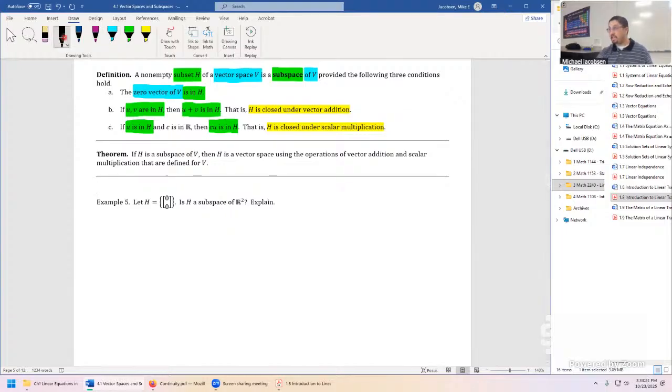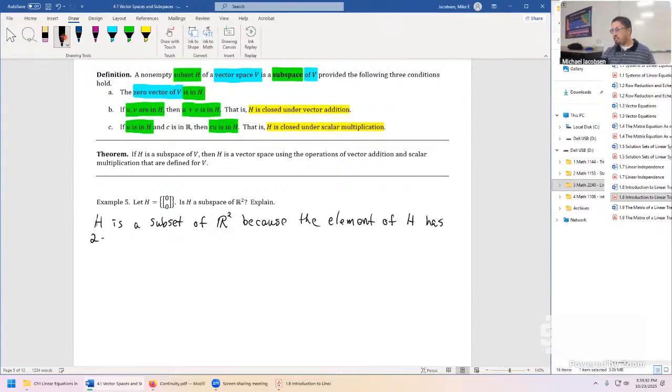So we can start off by saying H is a subset of R2 because the element, only one, of H has 2 entries.